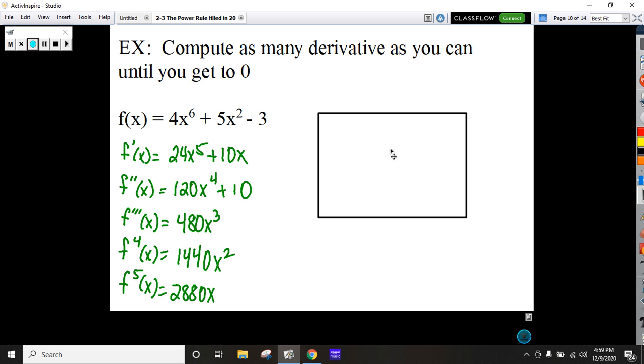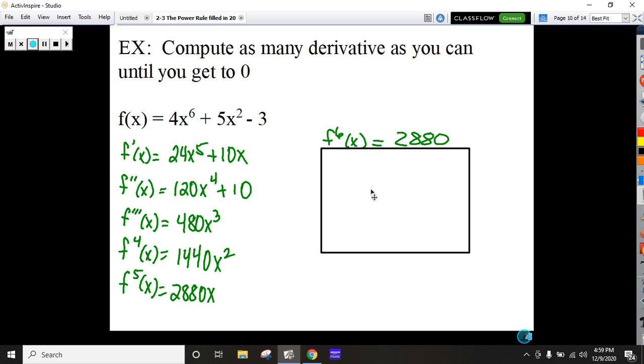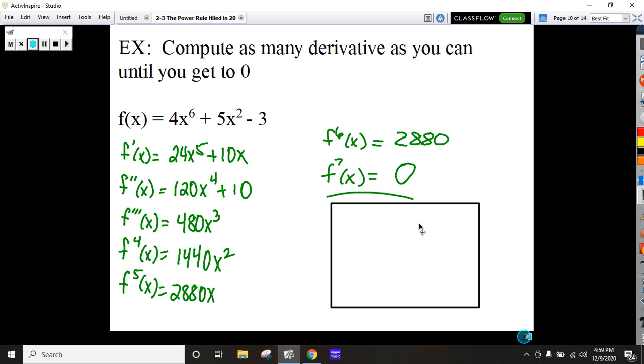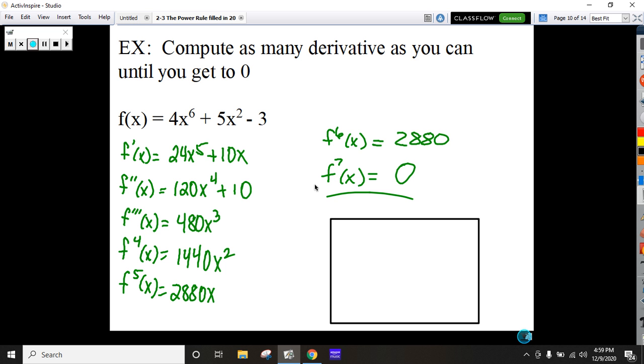Then I ran out of space, so I moved up here. So our sixth derivative, again, if it's just a number with x, it's the number, so it's 2880, so there's our sixth derivative. We can actually go one more time, because the derivative of 2880 is going to be 0. So we can stop at 7, but like I said, the 8th derivative would be 0, the 9th derivative would be 0, the 20th derivative would be 0. So eventually we hit a stopping point when we have exponents like this.